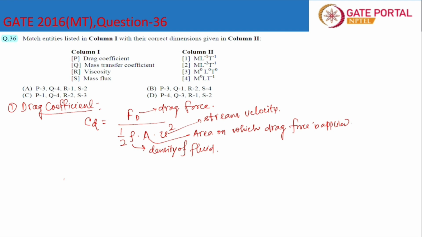Okay, so what is the unit of drag force? Ft. So as it is force, we know the dimensions of force is mass into acceleration, so kg meter per second square divided by half into density, we know kg per meter cube, into area, that is meter square, into velocity squared, that is meter square per second square.